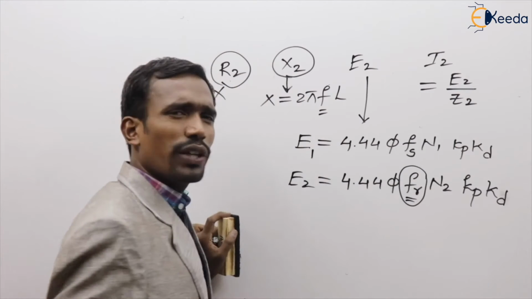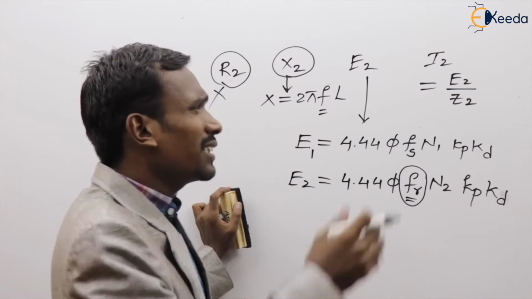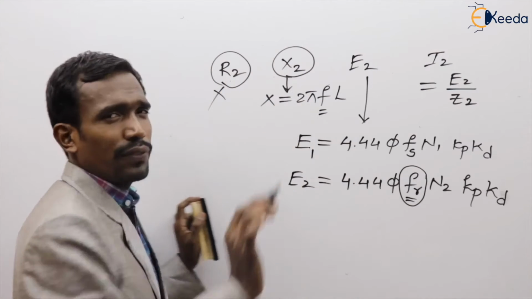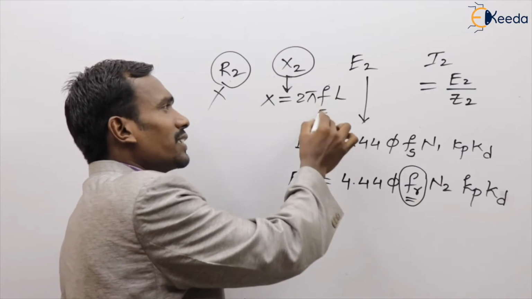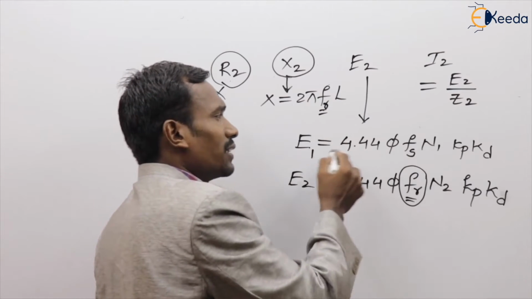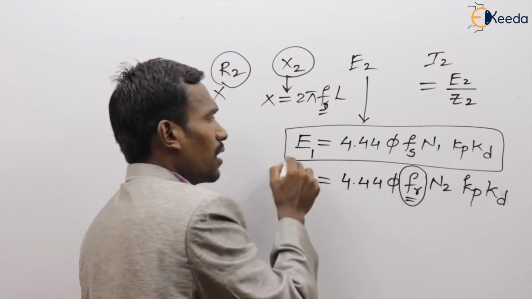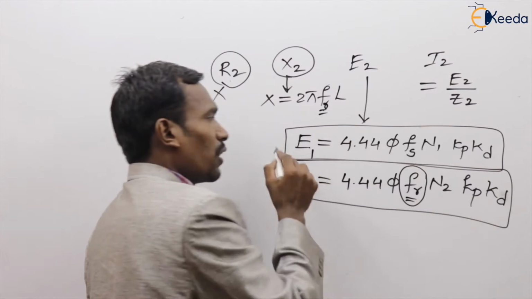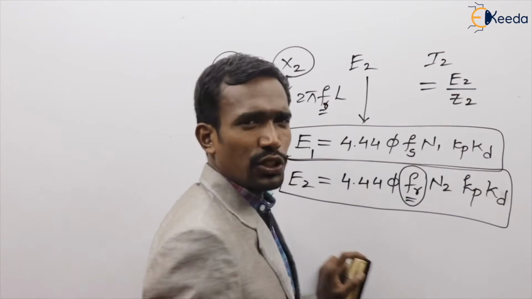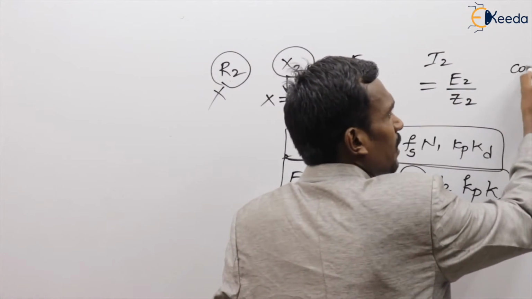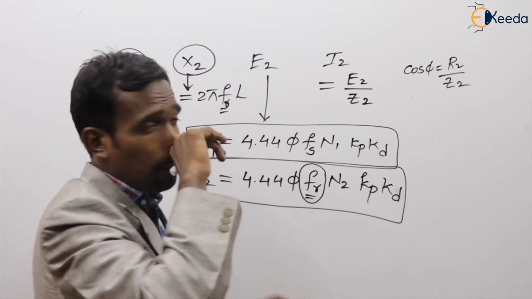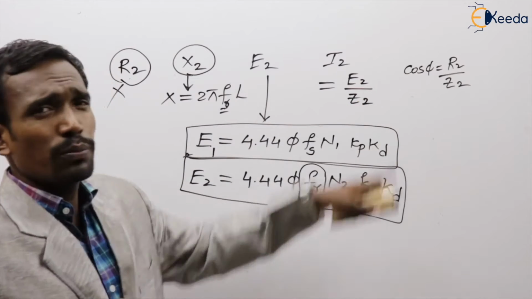Have an idea: the rotor resistance is independent of frequency, the rotor reactance depends on frequency, this is the stator EMF and this is the rotor EMF. Rotor EMF depends on rotor frequency, current I2 is equal to E2 by Z2, and power factor cos phi is equal to R2 by Z2.